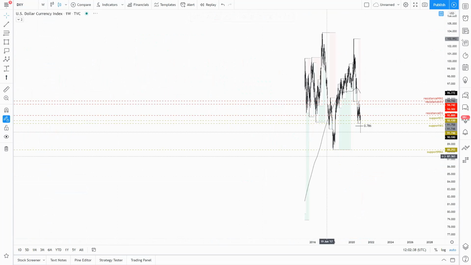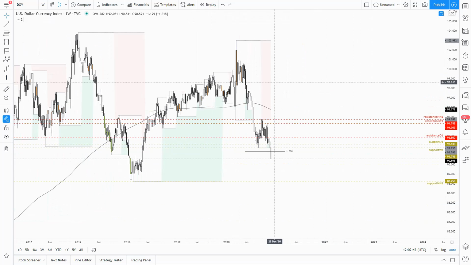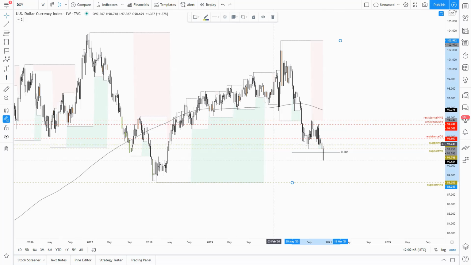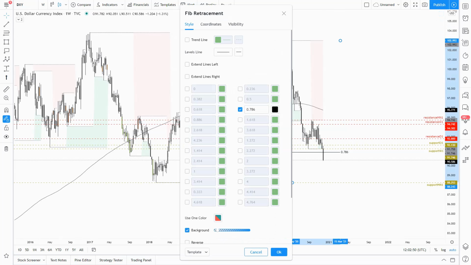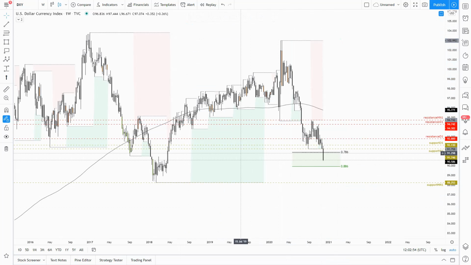If you go into a weekly time frame, as I said before, we are still seeing the Dixie trading around that 78.6% Fibonacci retracement. We can also put the 88.6 there as a limit.